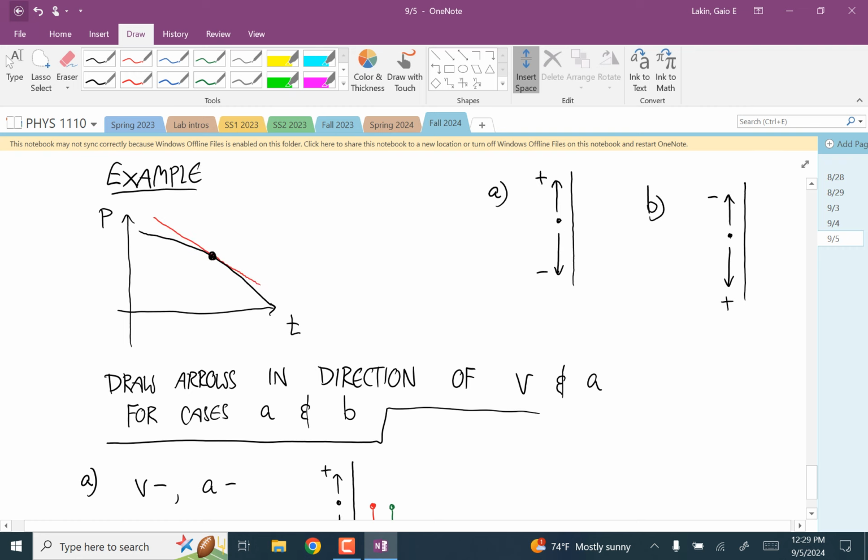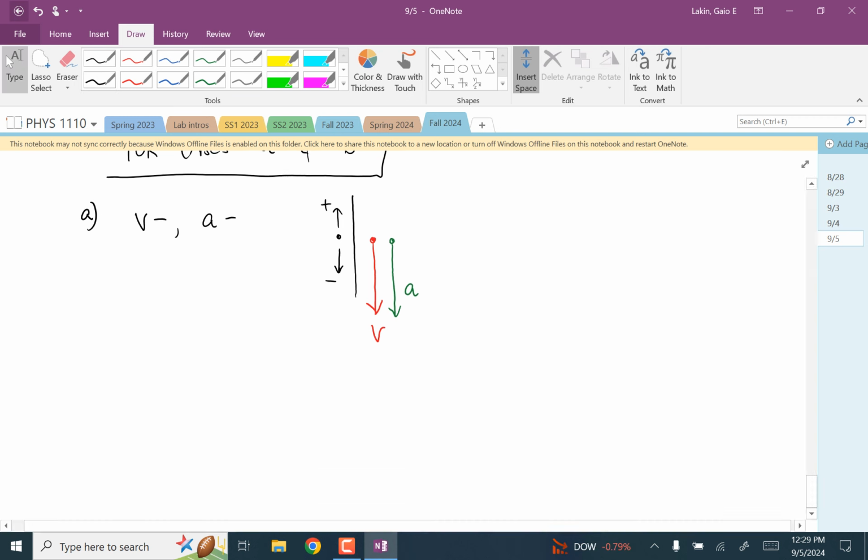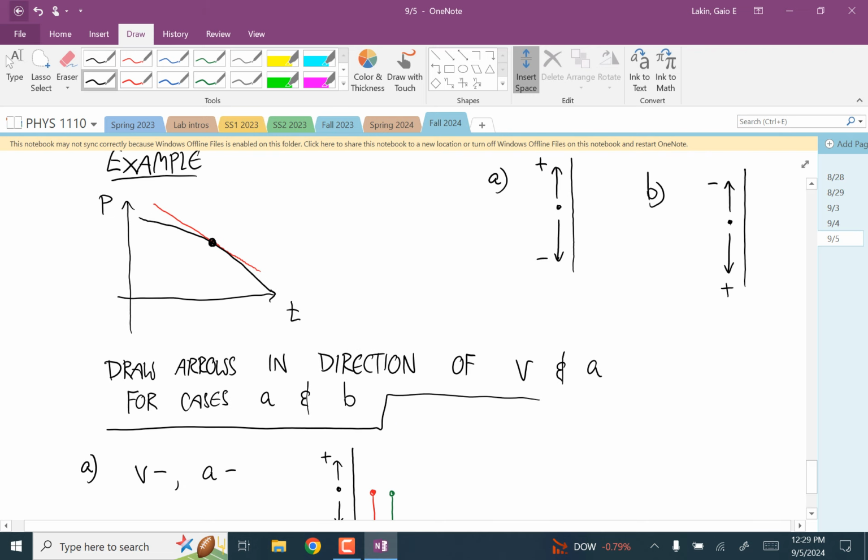Okay, so now we're going to assume that this graph actually represented the motion in B, where our positive direction was down and our negative was up. Changing what the positive and negative directions mean doesn't change anything about the meaning in math world, in graph world.